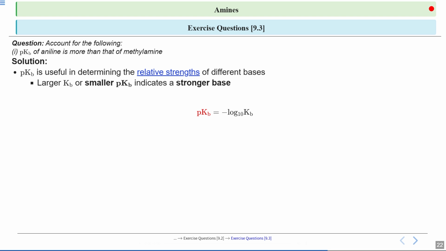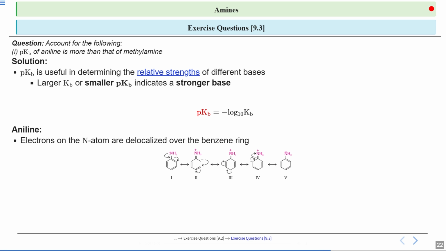Now, pKb is equal to minus log Kb. So pKb is the negative logarithm of the base dissociation constant, which is Kb, that quantifies the strength of a base in a solution. Now if I talk about aniline, in aniline the nitrogen lone pair is less available for donation. Why?